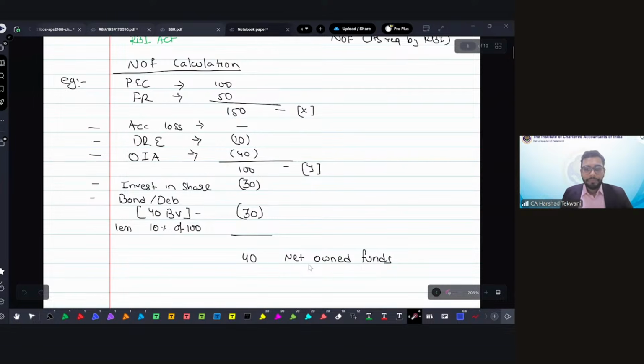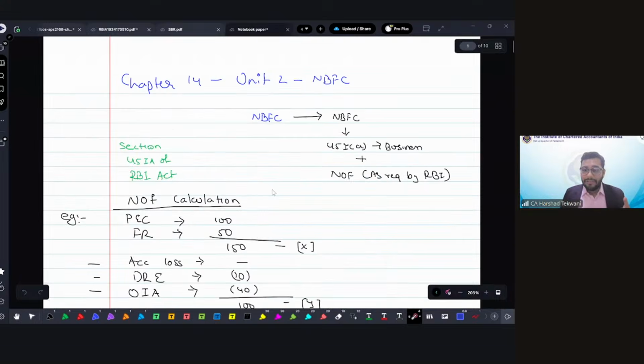Now, to understand the NBFC, we have to understand the classification of the NBFC. This is just the Act part that we have discussed in the NBFC. This is just a part of the law, one law that we have discussed. This is nothing but your RBI Act.